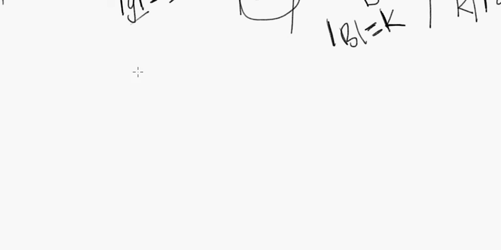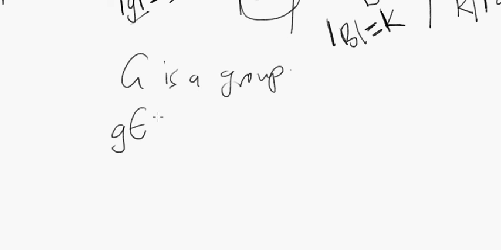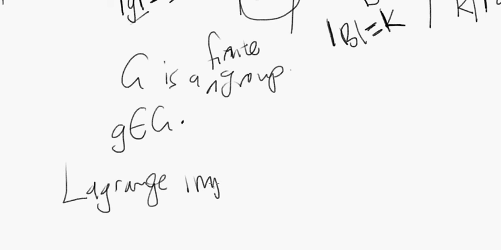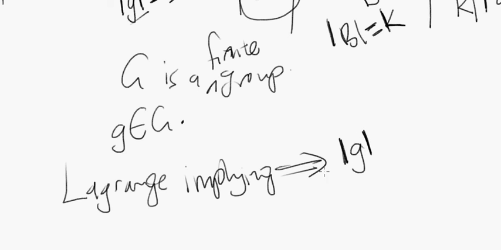So, are we saying that if G is a group, and little g is an element of the big group G, and if G is a finite group, with emphasis on finite, is Lagrange's theorem implying that the order of any element of the group must divide the order of the group? Please decide if this is true.